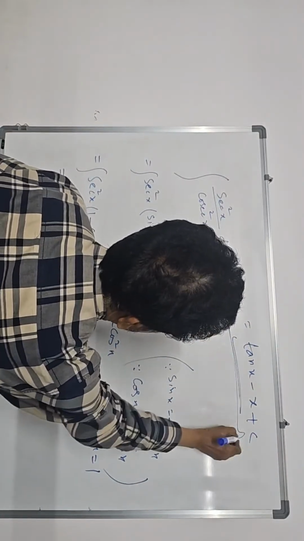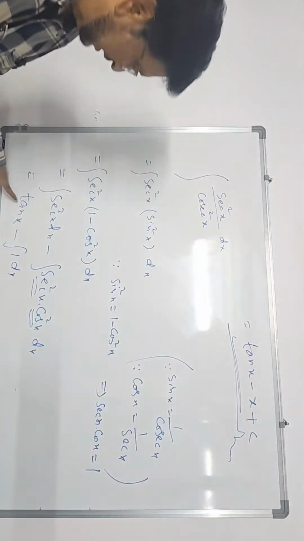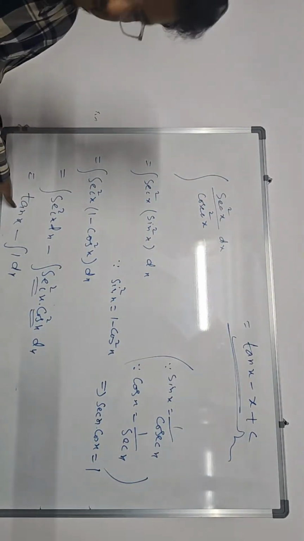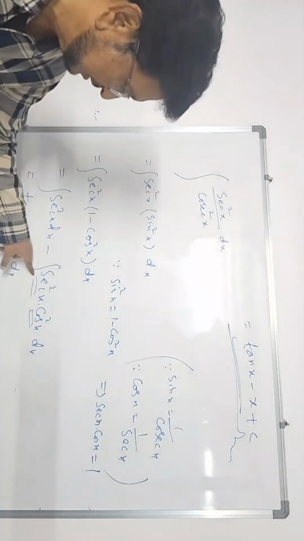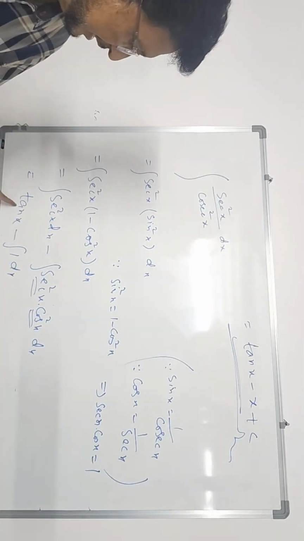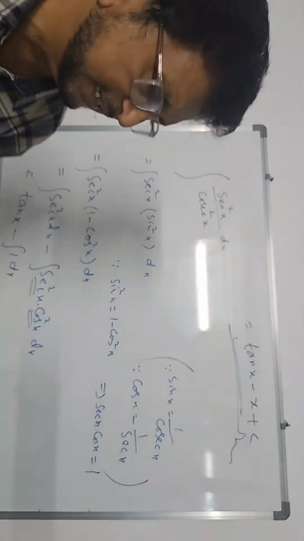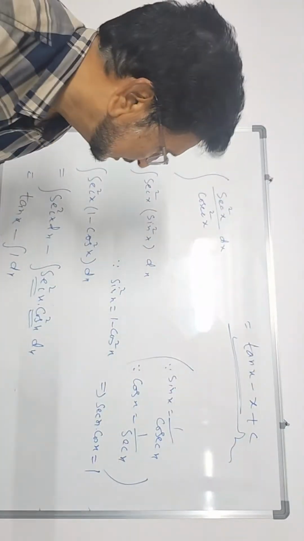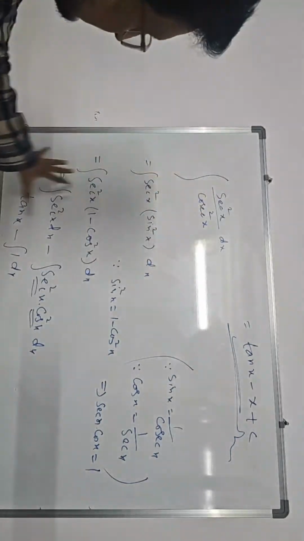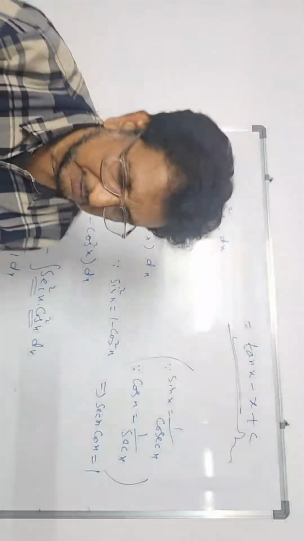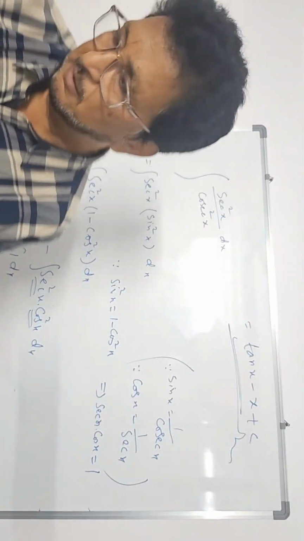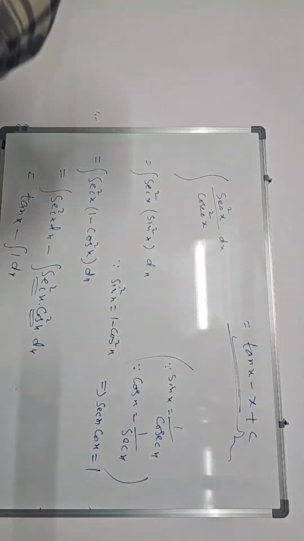This is the final step answer. Integration of sec square is tan x, integration of 1 is x. Tan x minus x plus a constant: always you have to add it at the end of the integral. This is important. This comes under 4 marks, a short question.